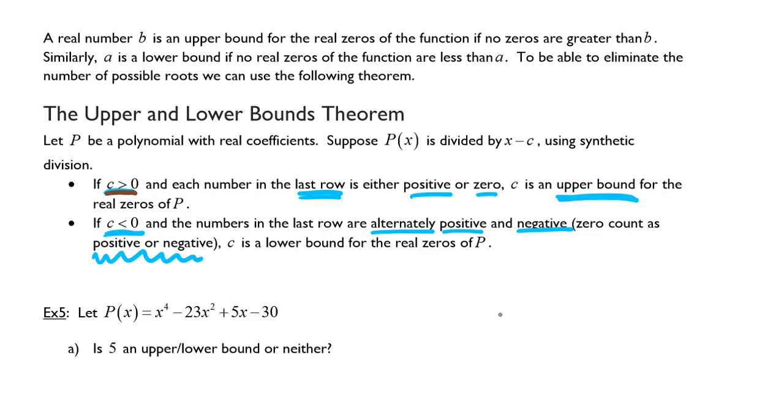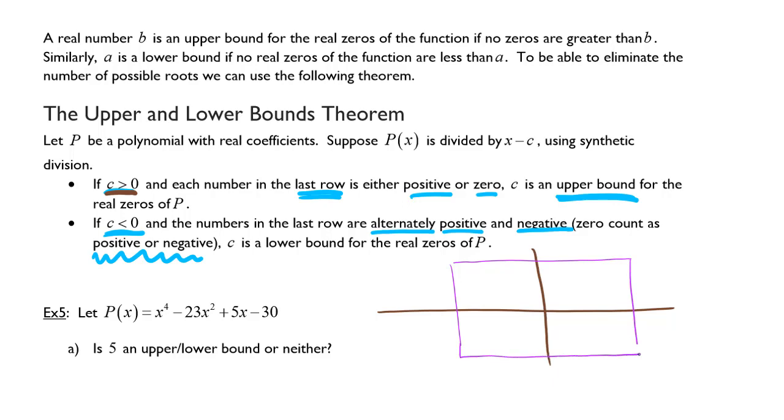And you might be asking yourself, why do I need to know this? Here's the reason why. Let's say this is your window on your calculator. And of course, your polynomial could exist outside the window. And let's say all you see is inside the box.